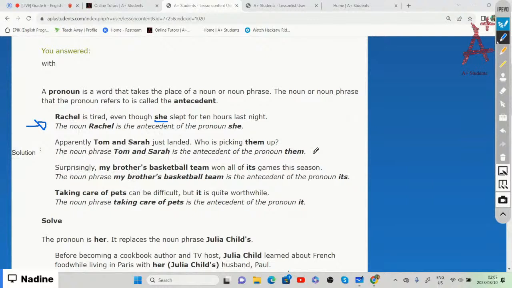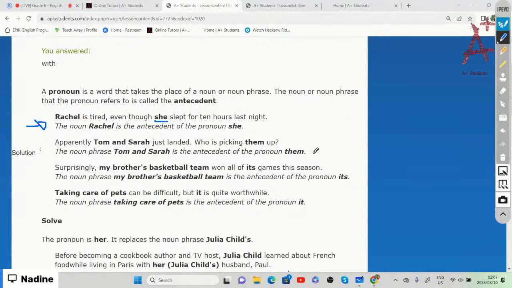Remember, in cases like this, the pronoun takes the place of the noun or the noun phrase, so that we avoid mentioning or repeating the name again.